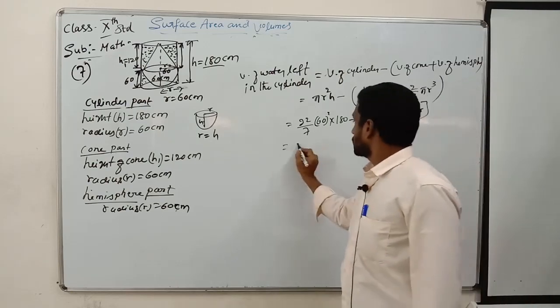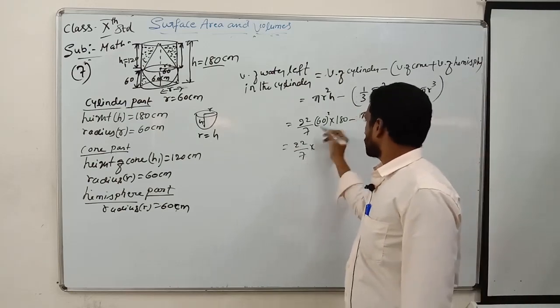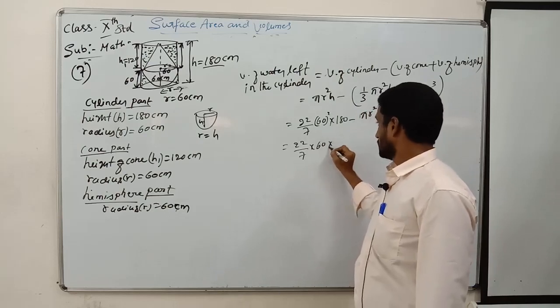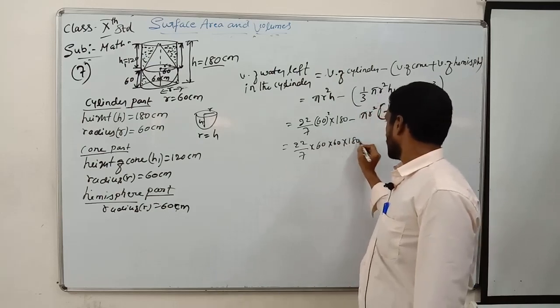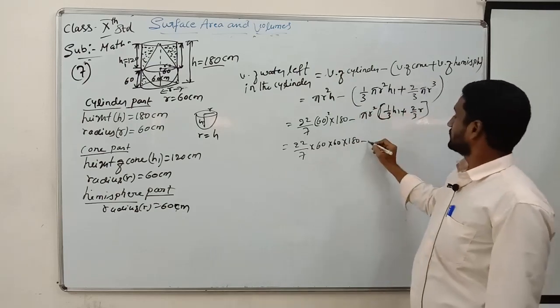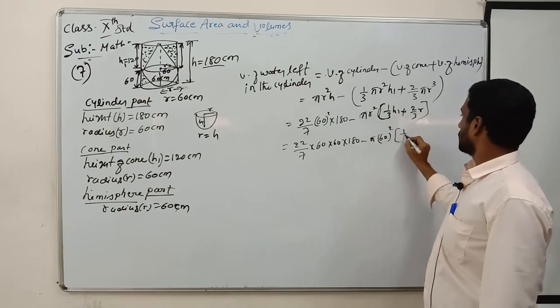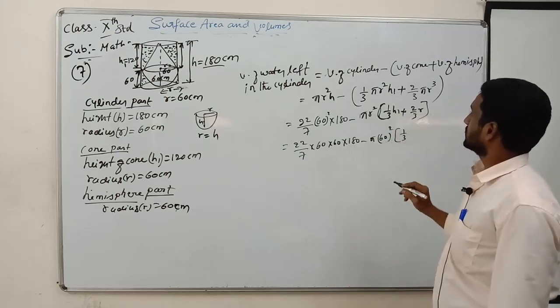So now it is equal to 22 by 7 into 60 square, 60 into 60, into 180, minus, again pi r square, 1 by 3 into h1. Which h1 here?